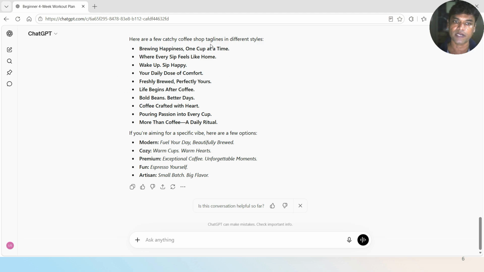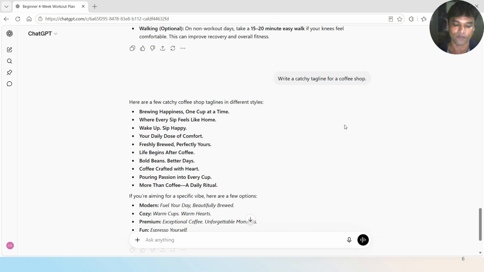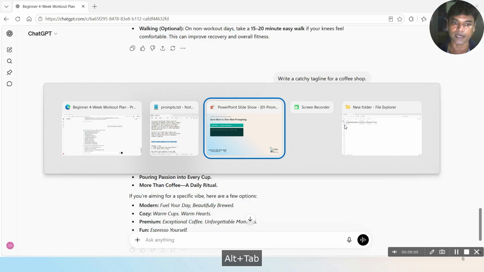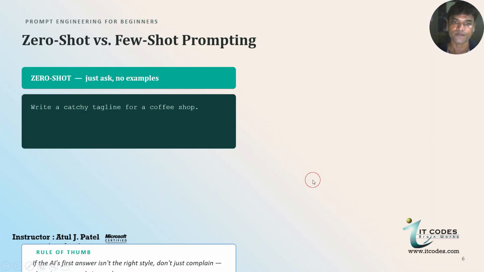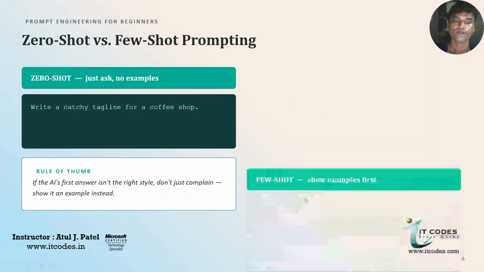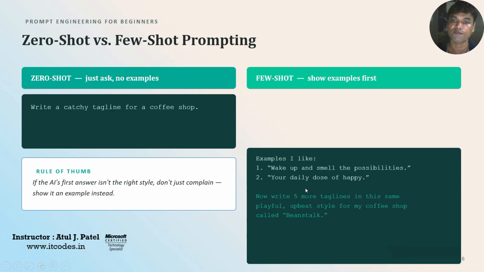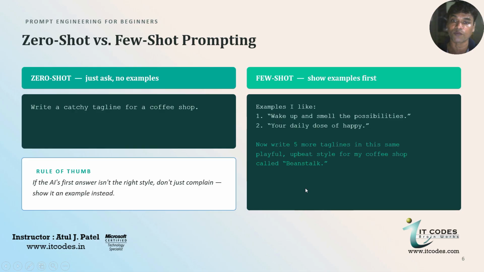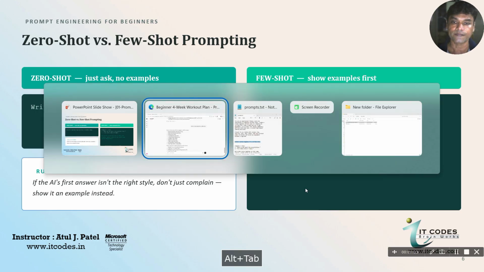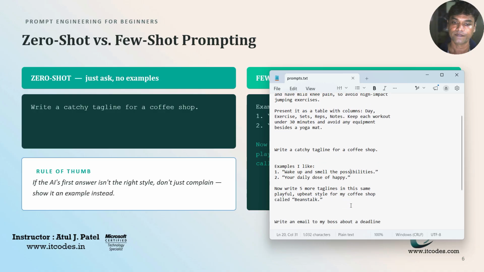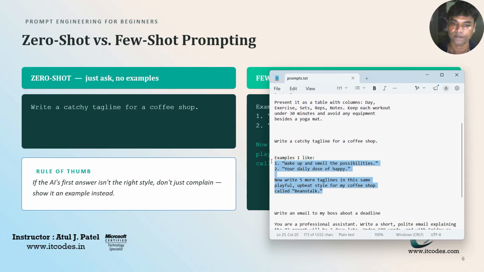If you are not satisfied with this particular style which has been generated, then what we do is we give it a few shot prompt. That is, we specify examples of what we actually like. So 2 examples are given by us and then we ask it to generate more. So for that, we give an example to it.